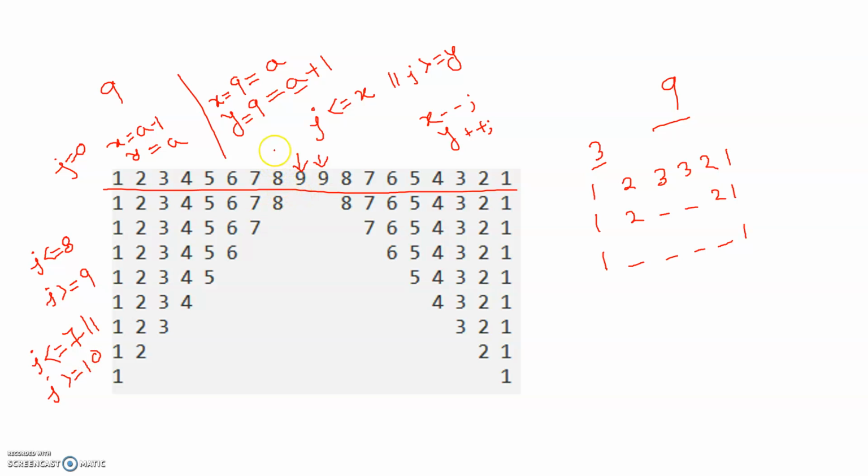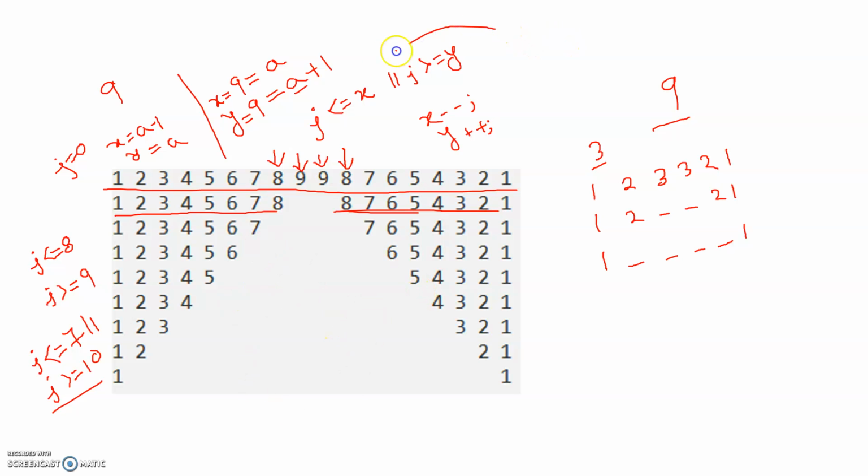See here, this particular column corresponding to 7: 0 1 2 3 4 5 6 7, right? So if j is less than or equal to 7, then only it will print this part. And j greater than or equal to 10, the 10th is this particular column, if your starting index of j is 0, will take care of this particular part. Like that, in the next iterations too it will happen.